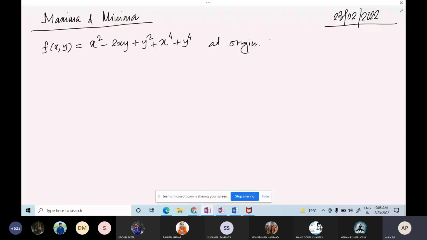For that we need to find RT minus S square. First we will find fx, that is del f del x. So what will be del f del x? It will be 2x minus 2y plus 4x cube. And we know the necessary condition is to make del f del x equal to 0.